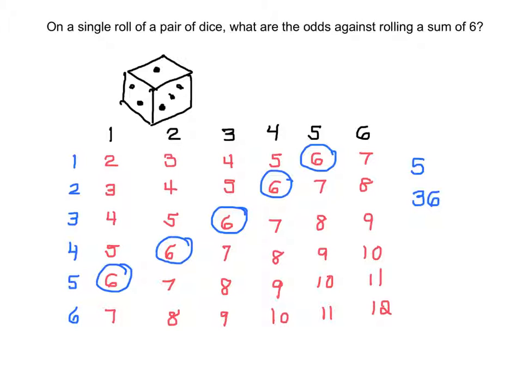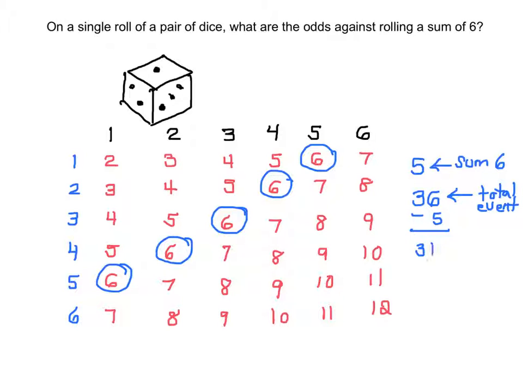So if the total number of events is 36, and 5 of those events give us what we want, then 5 events give us a sum of 6. And then 36 minus 5, because this is the total number of possible events that can occur, and 36 minus 5 is 31.